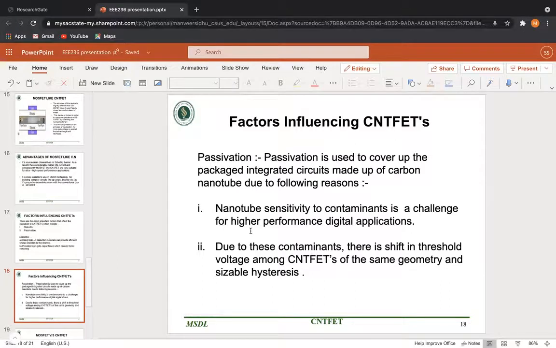It can be observed that carbon nanotubes are very sensitive to contaminants, and it highly affects higher performance digital applications. Due to these contaminants, there is a shift in the threshold voltage among carbon nanotube field effect transistors of the same geometry, which is a limitation for any type of FETs.